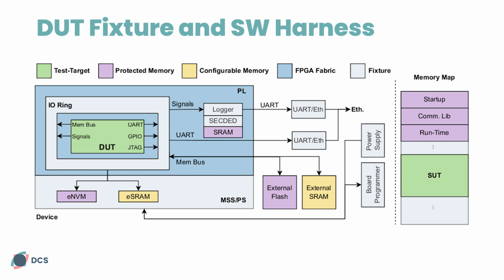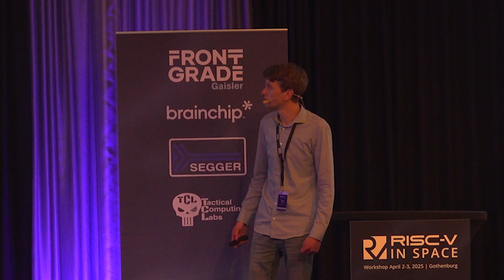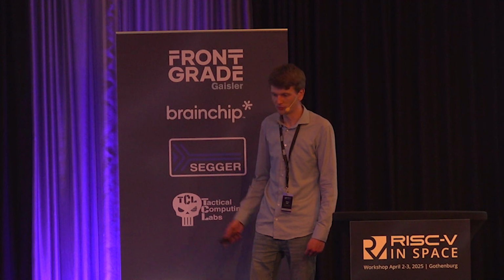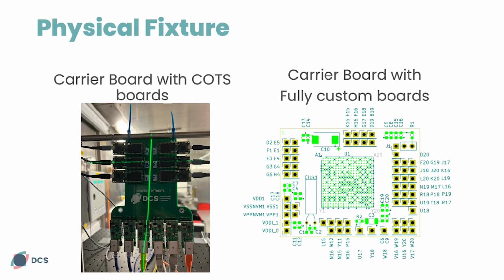No, we want to observe the upsets in our user bits. So all supporting hardware around it we protect, such that we will only observe errors in our design under test. And the same goes for the software.